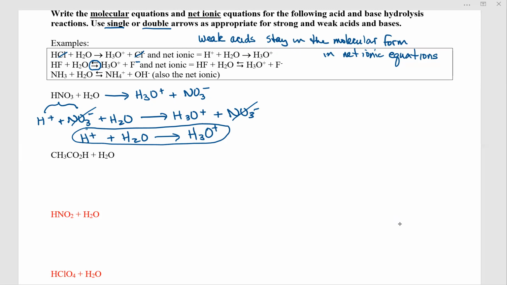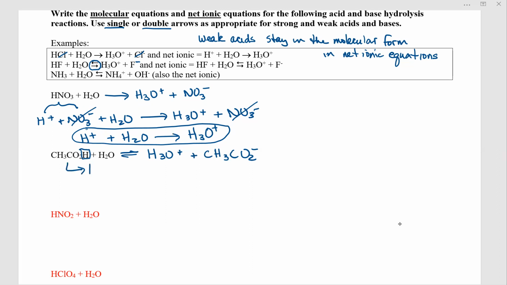The next reaction that we are looking at is a carboxylic acid. Remember that this is our labile, our reactive hydrogen. Since it's a weak acid, we have to make sure that we use arrows going forwards and backwards, showing it's in equilibrium. We're going to be forming H3O+ and CH3CO2 minus. We look to see if we're going to write an ionic equation, but this does not.